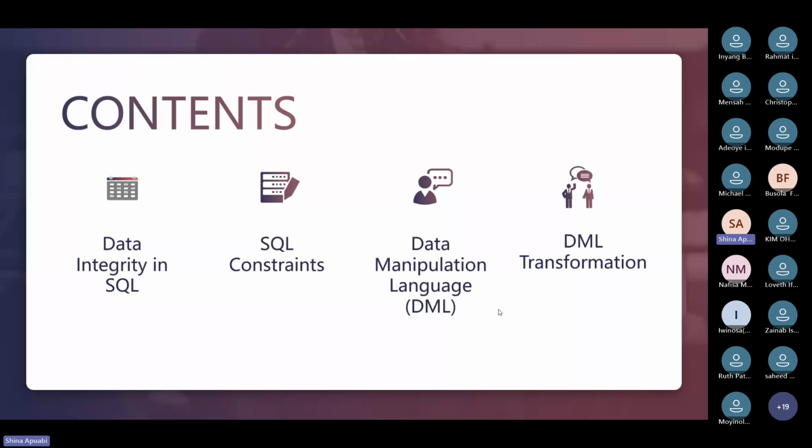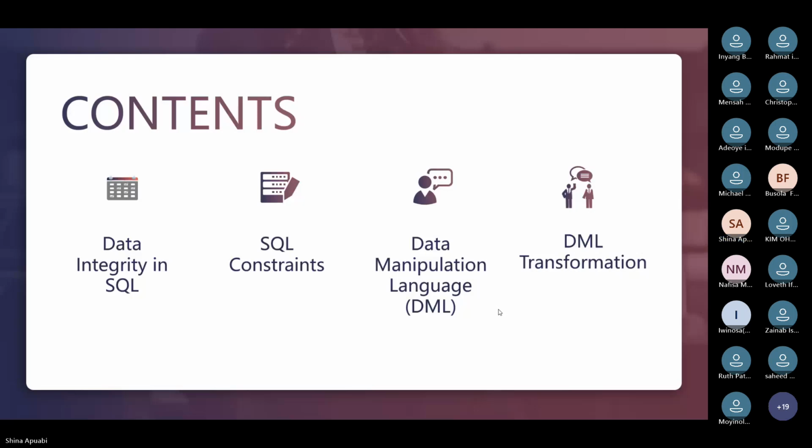There are a lot of tools and commands available to make sure that we don't abuse the data we have. We'll look at the data manipulation language, the DML, and then how it can be transformed.